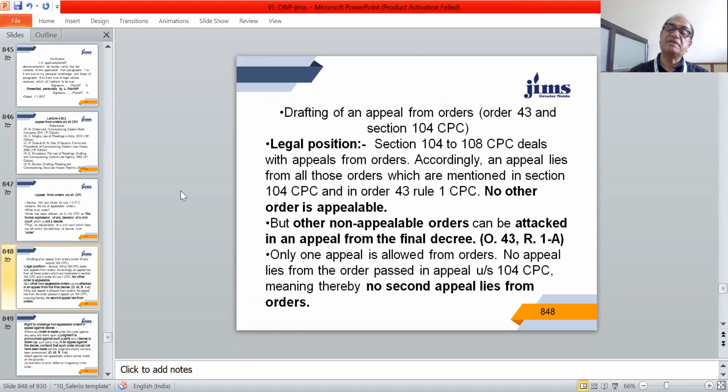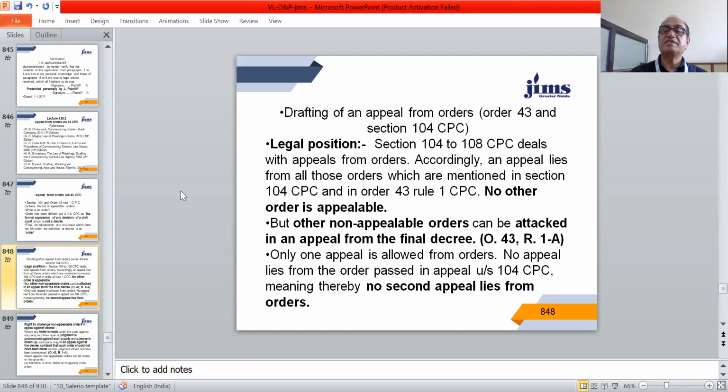Suppose order was passed by the court during pendency of the suit and the order is not appealable. Then suit will proceed, decree will be passed, and when you will file appeal against that decree, at that time you are entitled to attack that non-appealable order also, that the order dated so and so was passed without jurisdiction or it was passed against the law.